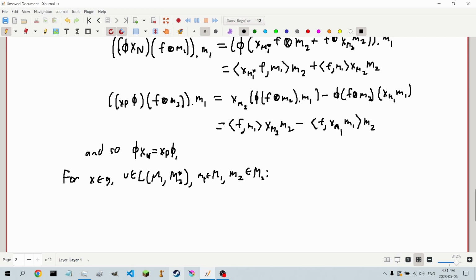Then we have C of xq acting on u of m1 tensor m2.